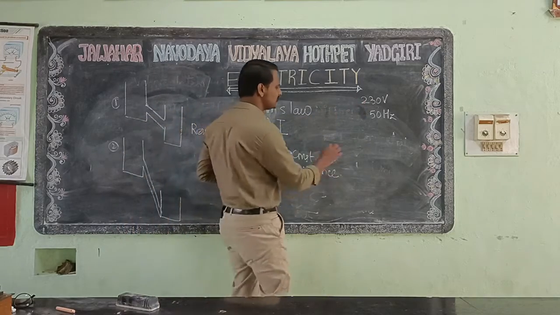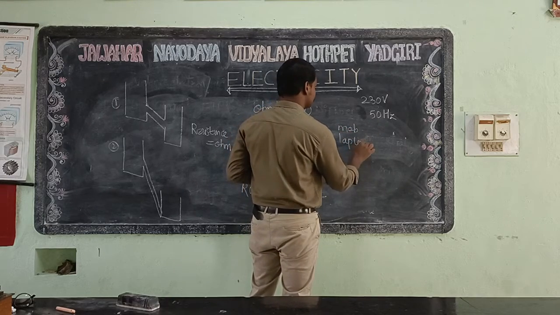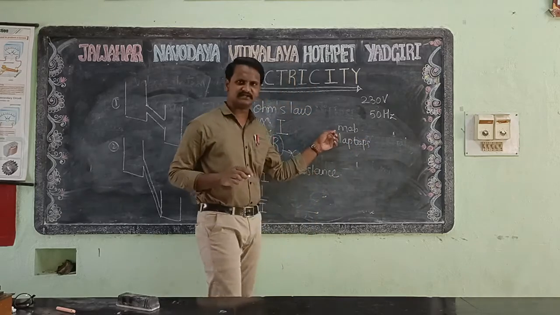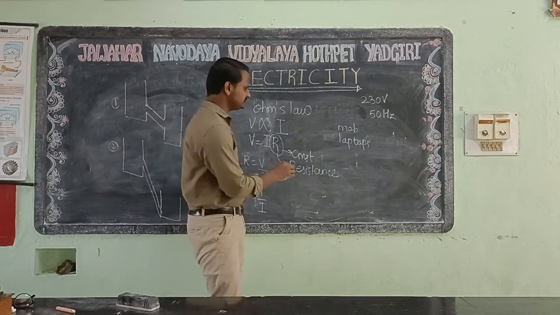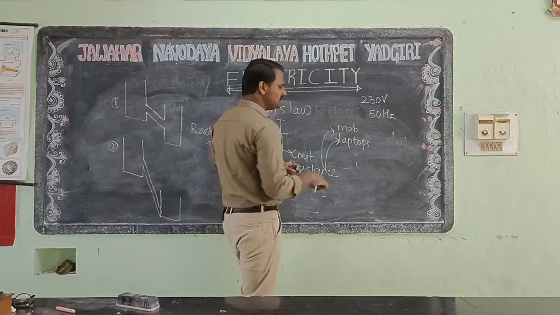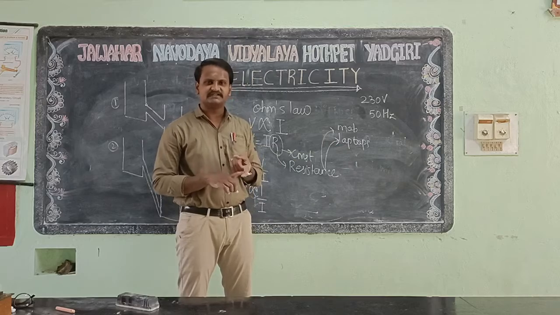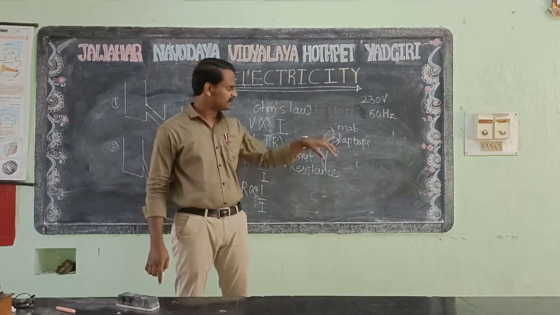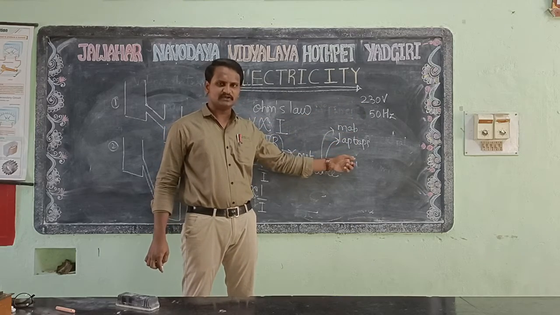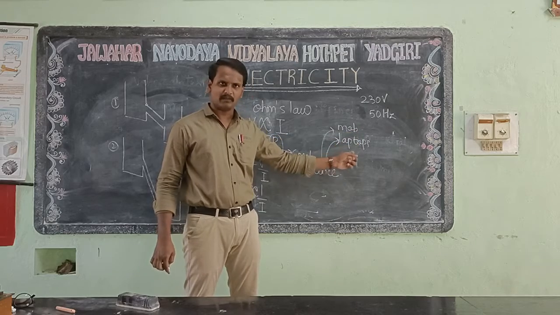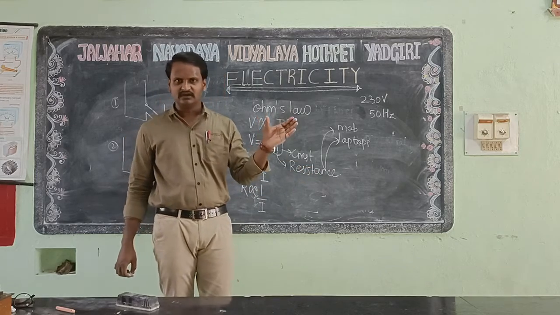You can take examples of small equipment like mobiles, laptops, and some other small devices which require less voltage than 230 volt. Here the resistance is applied, in which the current will be reduced and supplied to the mobiles and laptops by using the chargers. The chargers have some resistance present, which reduces the 230 volt to the required voltage of mobiles and laptops, so that they can function properly. This is the work of the resistance.